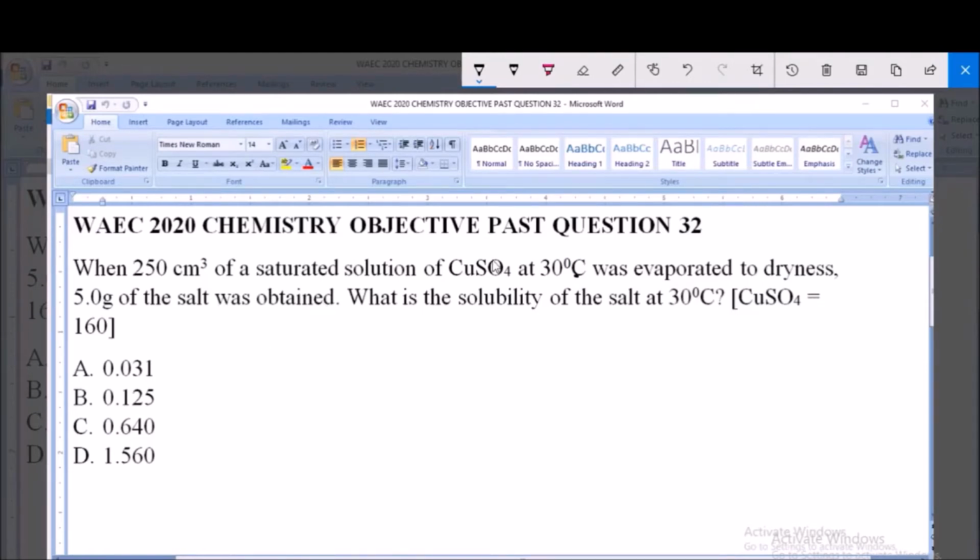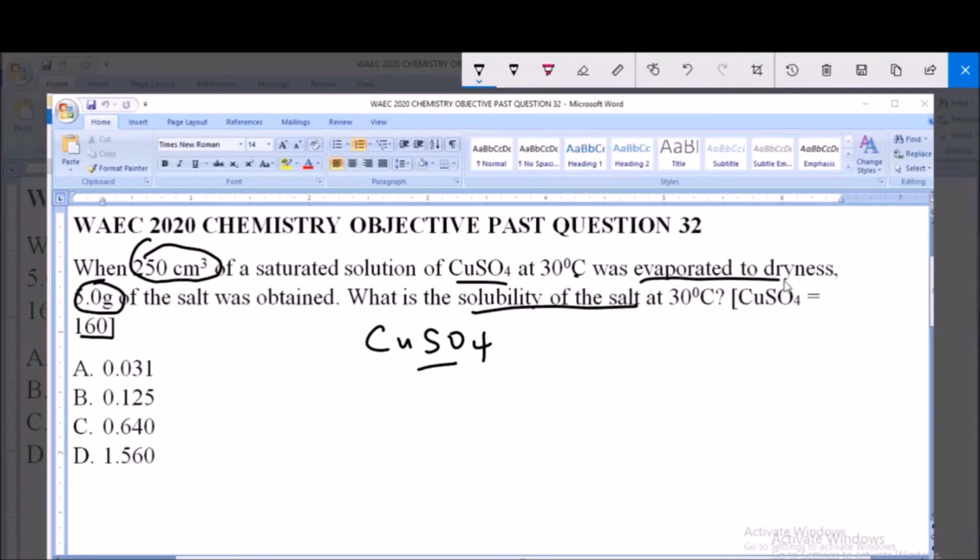So we are looking for the solubility of this salt, copper(II) tetraoxosulfate(VI), and we are given some values here which we'll be making use of. We are given the molar mass of the salt, we are given the volume of the solution that was containing the salt, we are also given the mass of the salt that was obtained when it was evaporated to dryness.